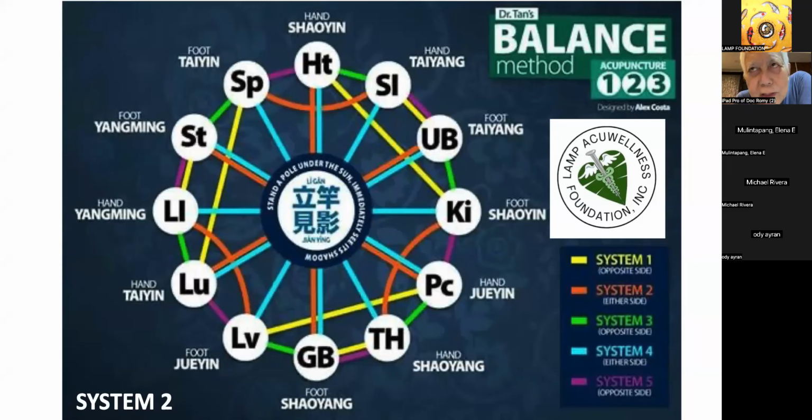Kung tatayo ka sa init ng araw, kita mo kaagad ang iyong anino. Ganon din kabilis itong meridian balancing. The moment you insert the needle, makikita mo na kaagad ang resulta. Ganon lang po ibig sabihin nun. Ligan Jianying.